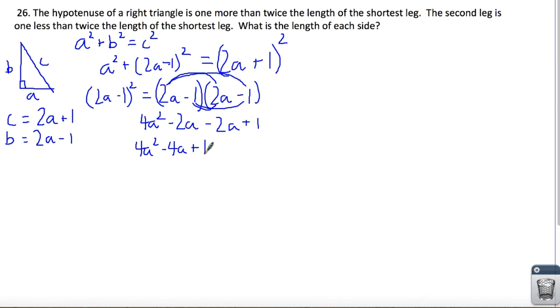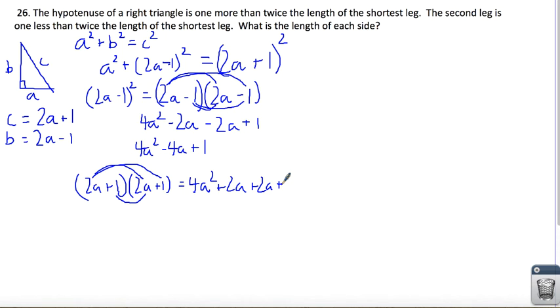And I'll do the same thing for this (2A plus 1) squared. 2A plus 1 times 2A plus 1 is going to be 4A squared plus 2A plus another 2A plus 1, which then becomes 4A squared plus 4A plus 1.